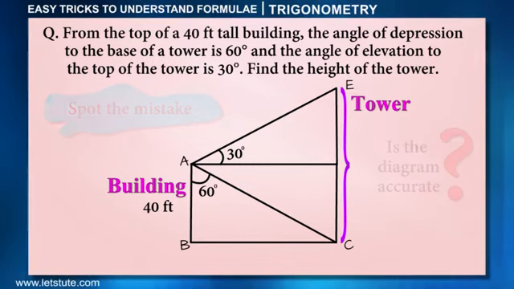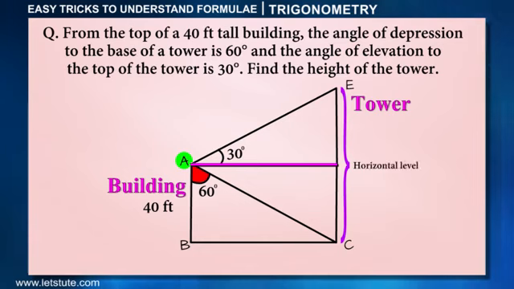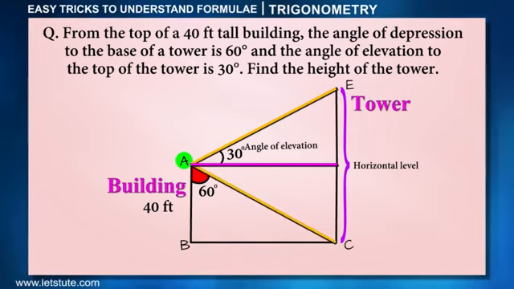Okay, let me tell you, here everything is correct except the angle of depression. Because if you are at the top of the building, then this straight line acts as the horizontal level, and when you look up to see the top of the tower or look down to see its base, this line will be the line of sight.